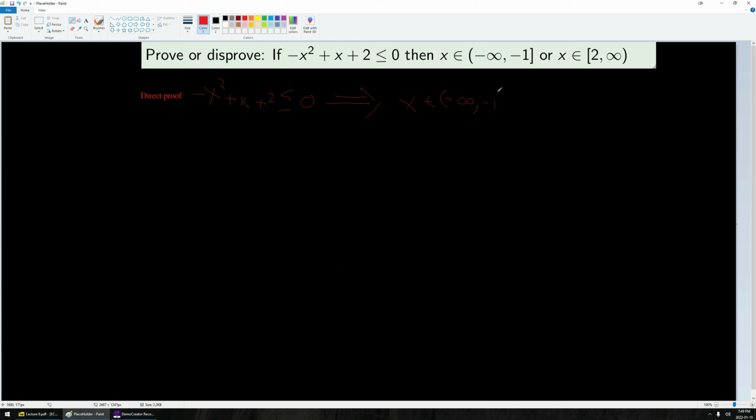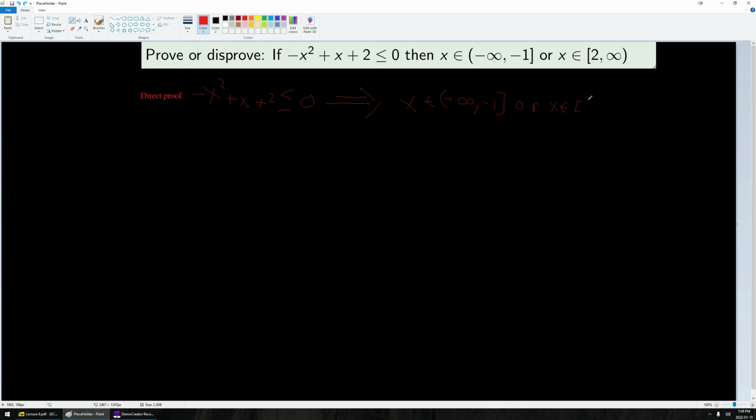So the real question in this context is, can I actually do manipulations here to tweak this inequality into two possible ranges for x?